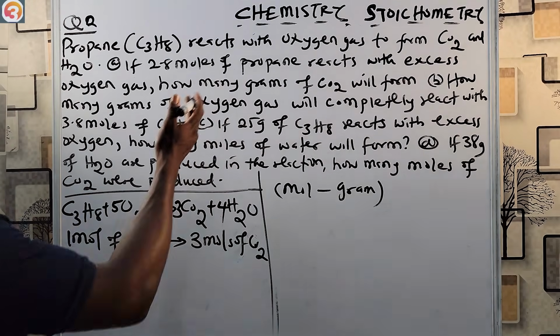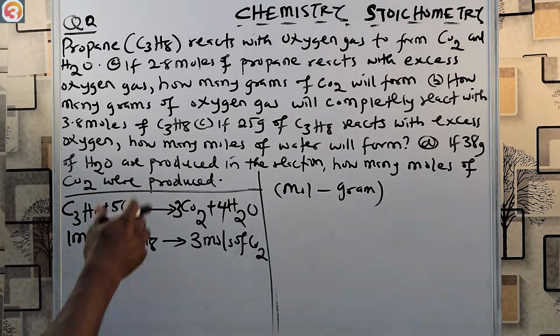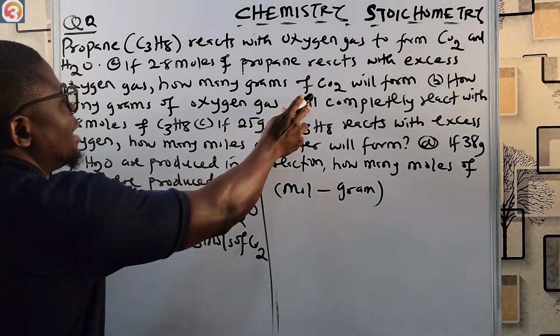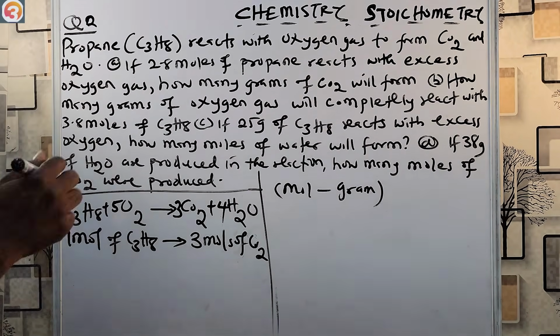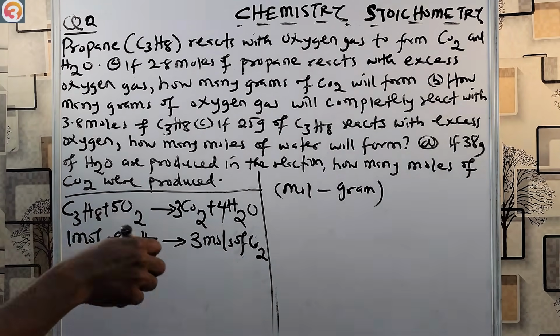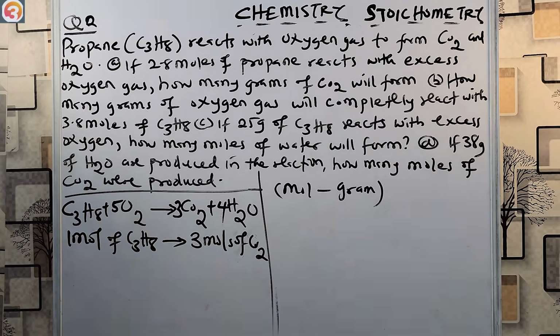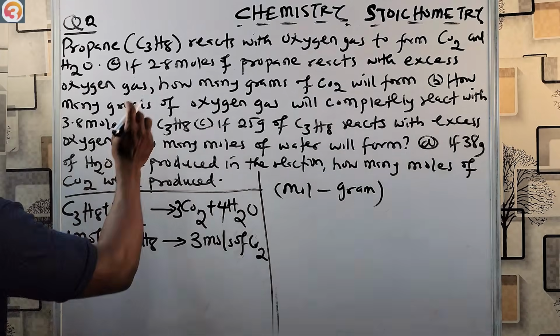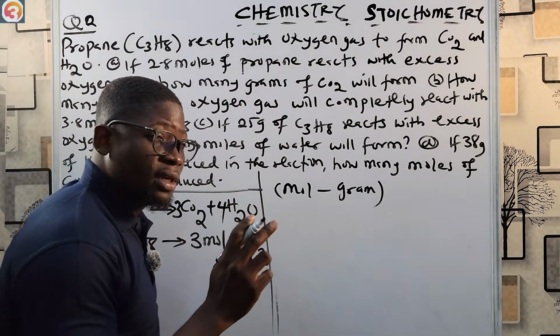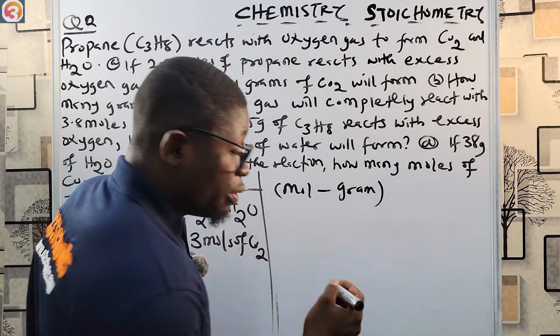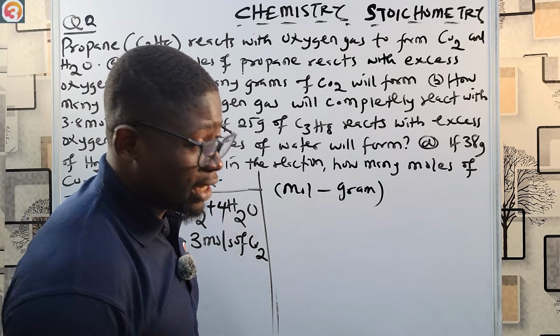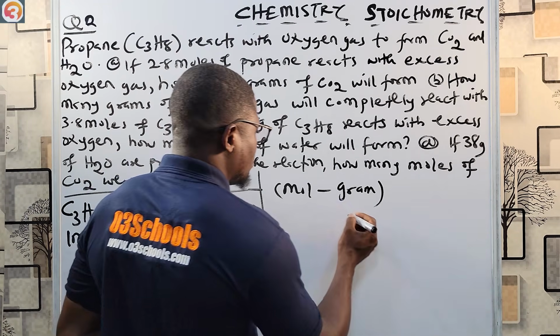We know the number of moles of propane that react with excess oxygen. We're looking for the mass of CO2. So we need to look for the mass of propane that is actually reacting with oxygen. Since you know from your basics, when we study molar mass, relative molecular mass and so on, we are talking about number of moles.